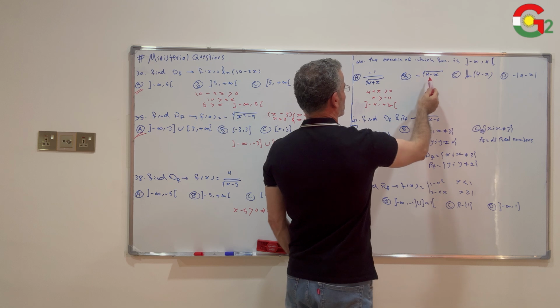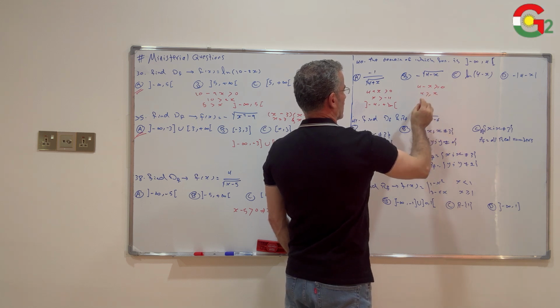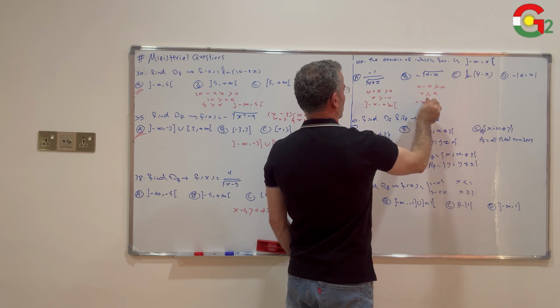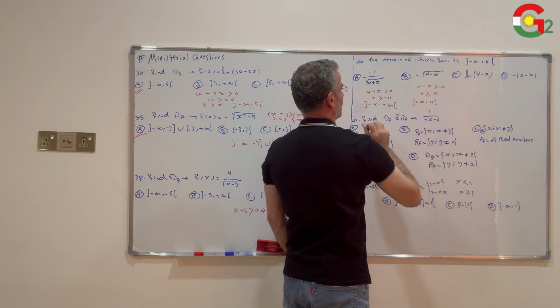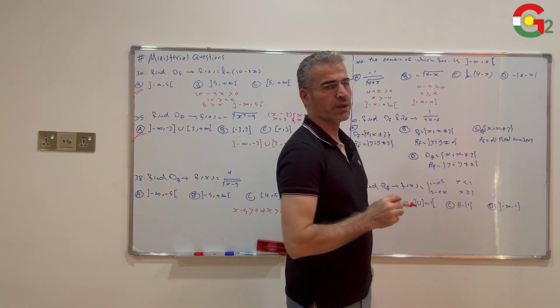For the next, 4 minus x greater than or equal to 0, x less than or equal to 4, so the domain is negative infinity to 4, closed. So this one is also wrong.